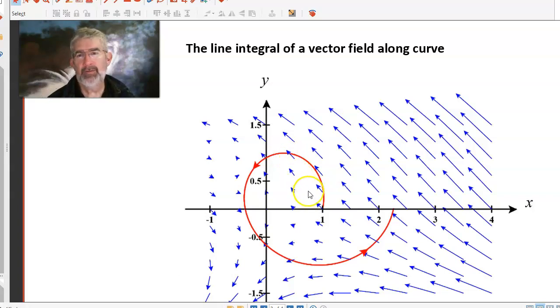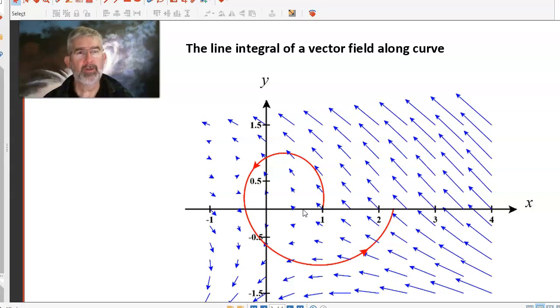So I have here drawn a random vector field with a random curve. And the main application you should be thinking of here is work. Work is force dotted with displacement.